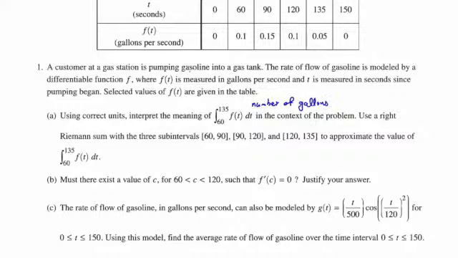So it says pumping gasoline into the gas tank, so the number of gallons flows into the gas tank from t equals 60 to t equals 135, and as you can see, t is in seconds.